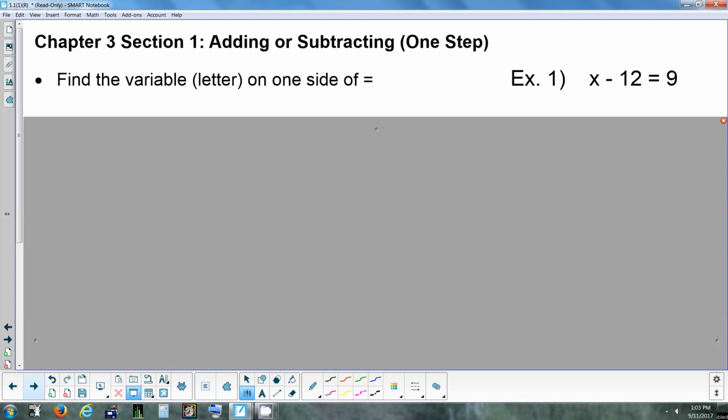Okay, so the first step, anytime you're solving an equation, is find the variable. I might say identify it, but even when we get into stuff that we're doing tomorrow, when there's a number attached to the variable, we always want to identify it, or find where it is first. So where's the variable in example 1, Connor?